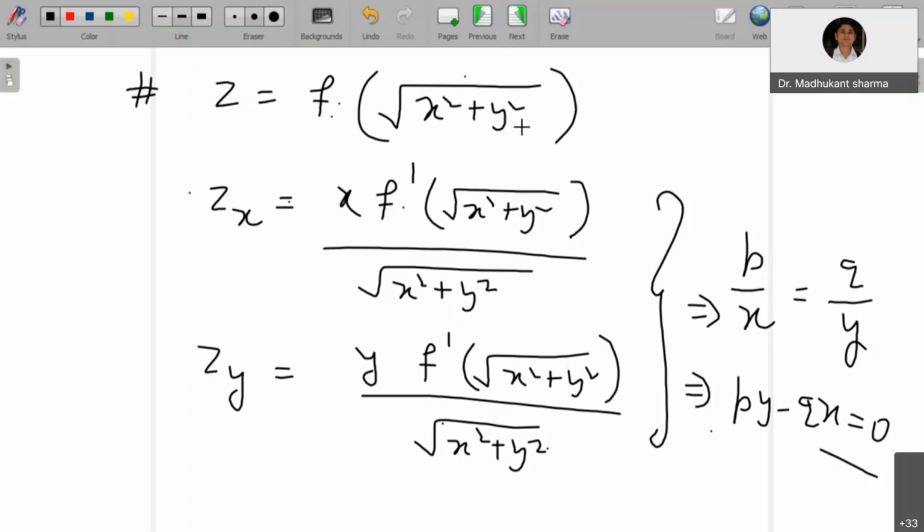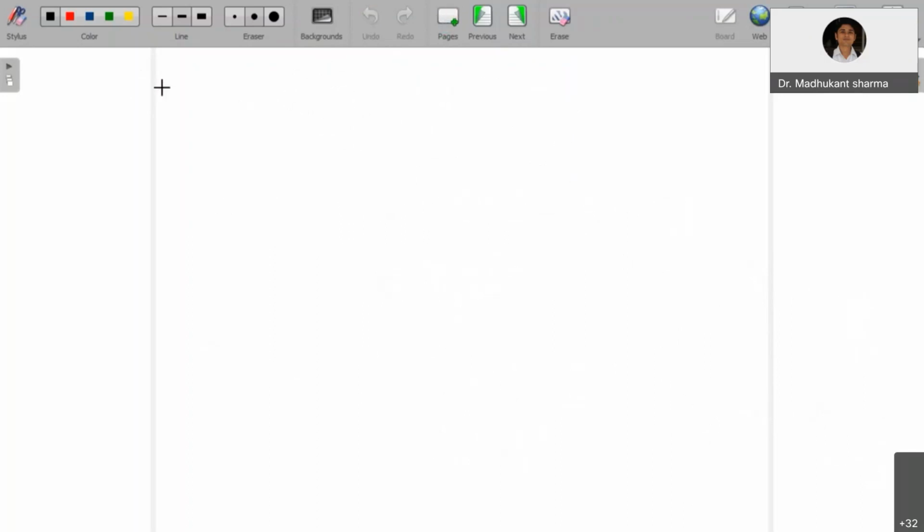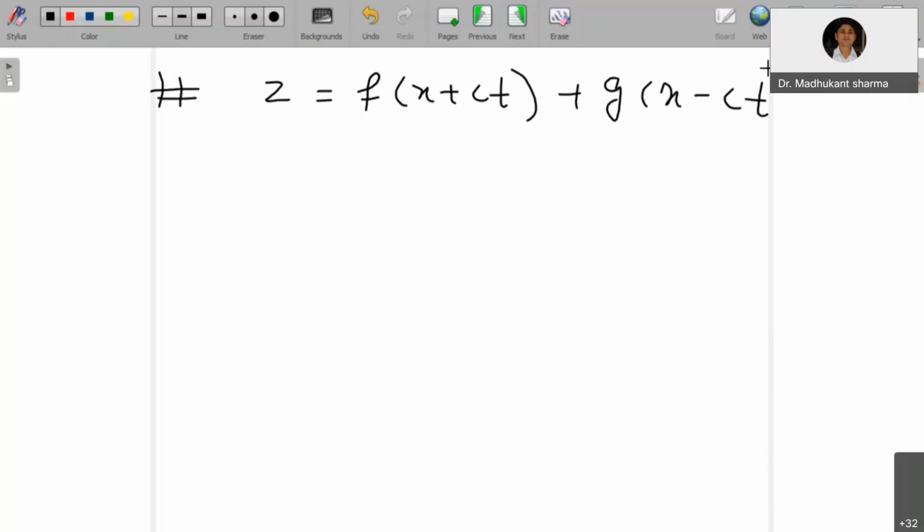Similarly, if you have two arbitrary functions involved, let me give you one example. z equals f of x plus ct plus g of x minus ct.